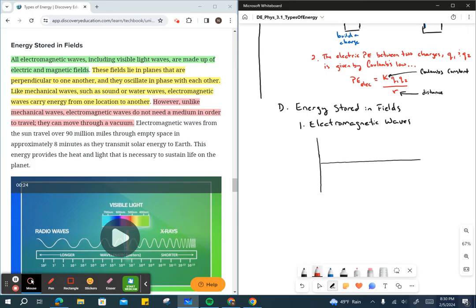We could say that your field has a, I'll draw a couple wavelengths here, right?